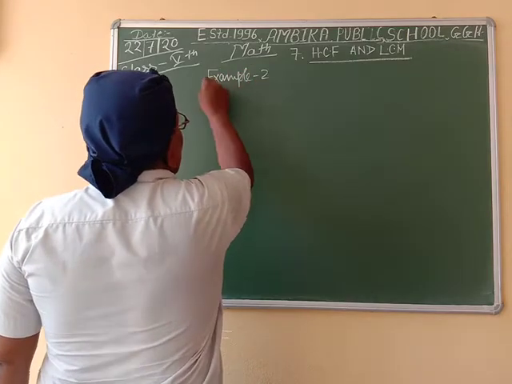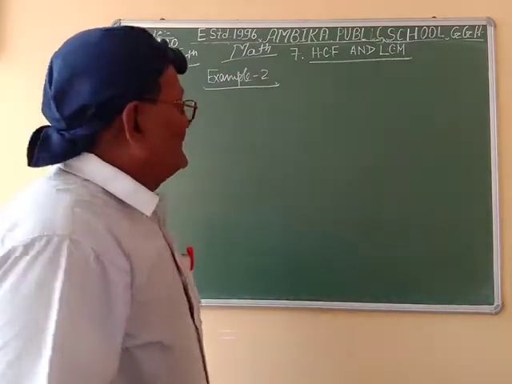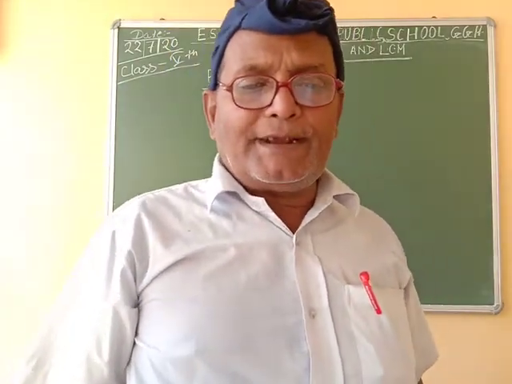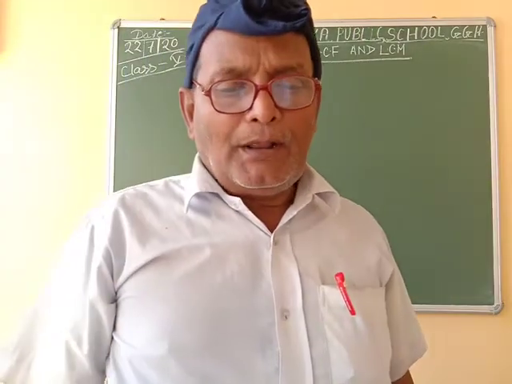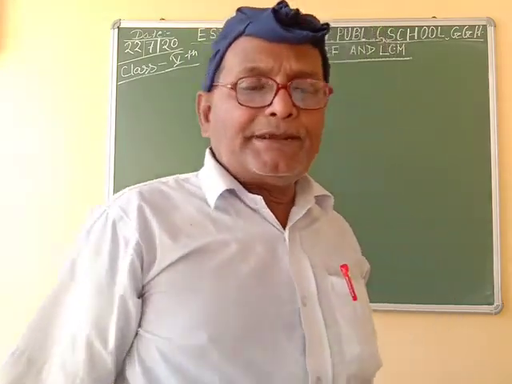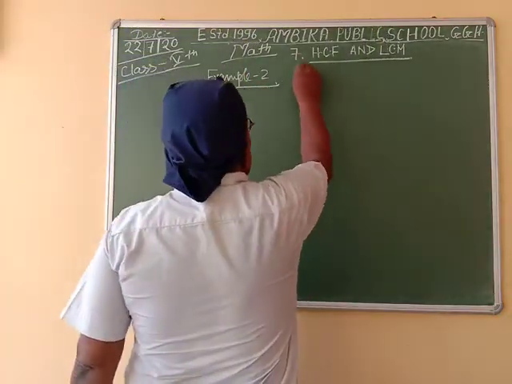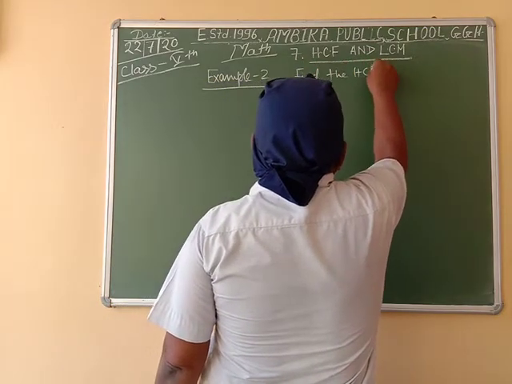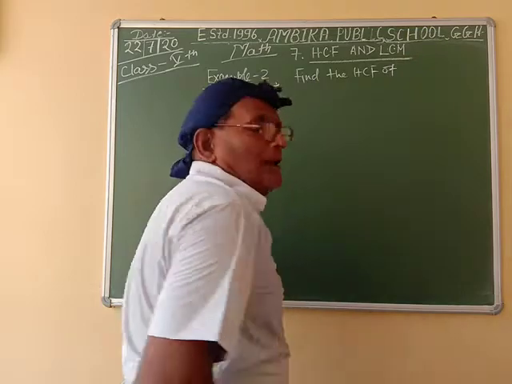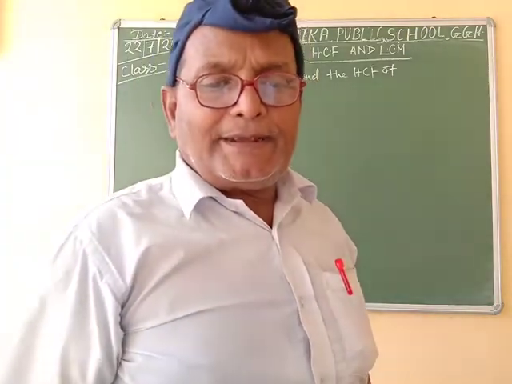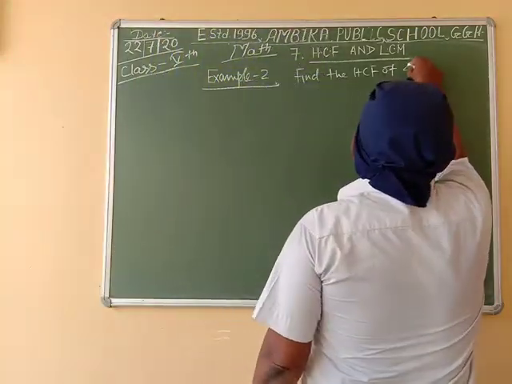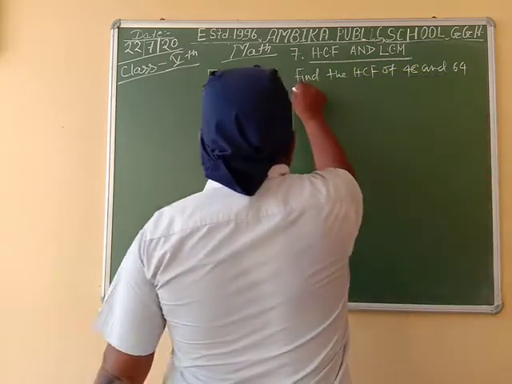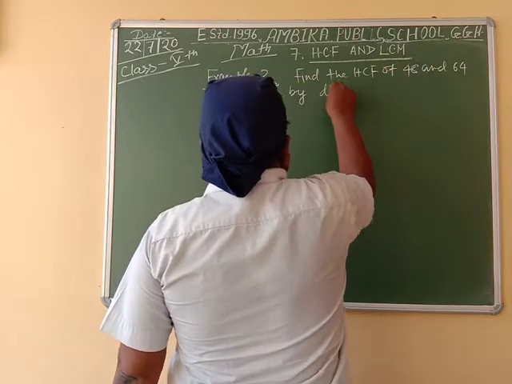Example 2 of chapter 7: find the HCF of 48 and 64 by the division method.